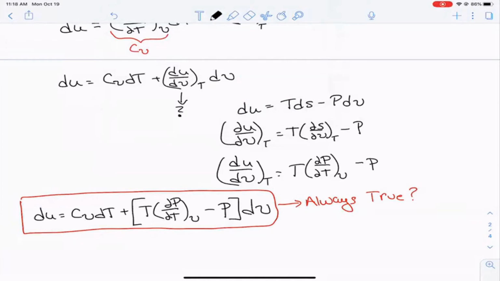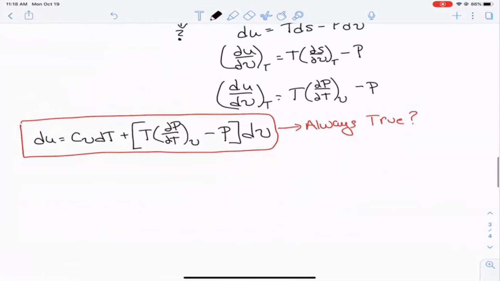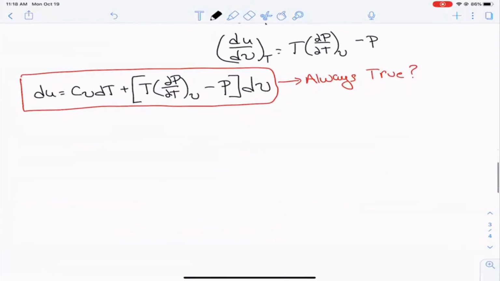The reason I'm being very specific about that is that from here, we can start to ask about specific systems. So I want to ask about an ideal gas, because we've said, at least in introductory thermodynamics, we're only going to stick with ideal gases. So let's make this assumption and see how this equation is going to simplify.